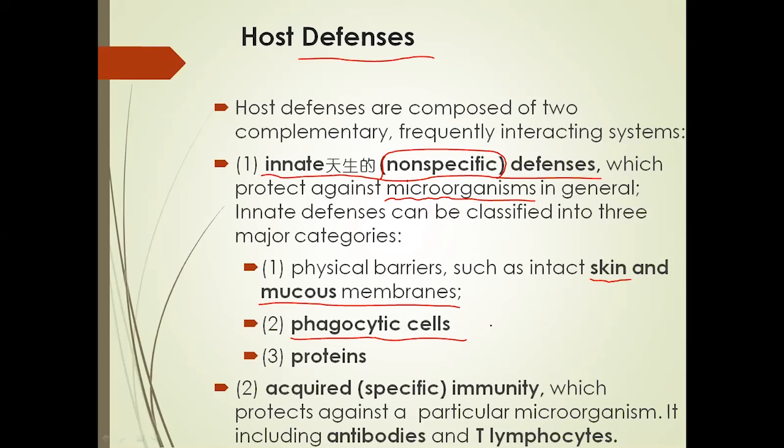Then we have some special proteins that also perform protection functions, which belong to the immune system. We will talk about the details later. These three parts belong to the natural, non-specific protection functions.